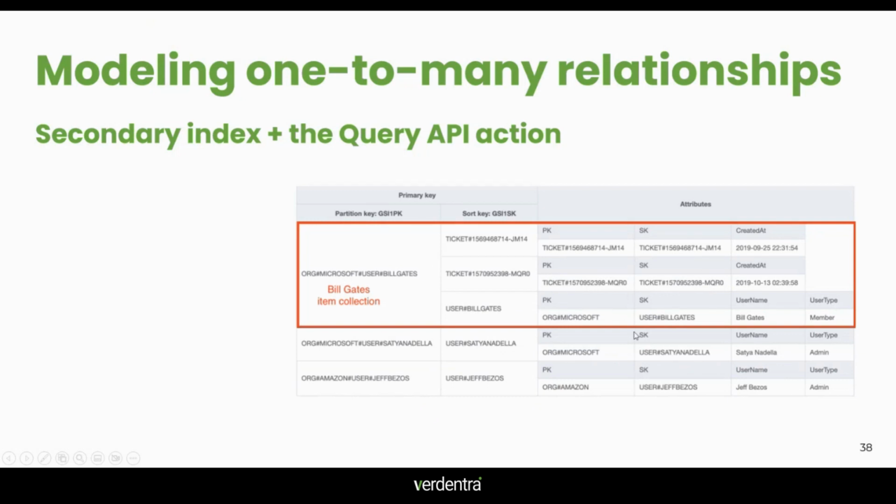You have the same data and the same items, but now you have this item collection, like the Bill Gates item collection. And here you have the tickets and the user details. Now with this one, if you want the tickets of Bill Gates, you can do this with the secondary index and you can get the tickets.